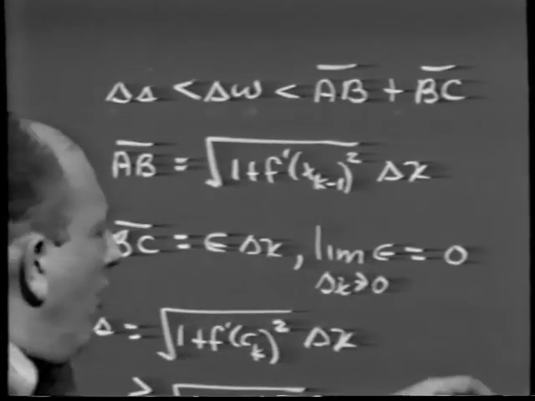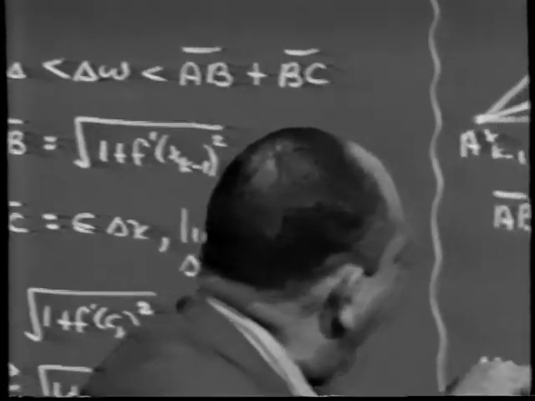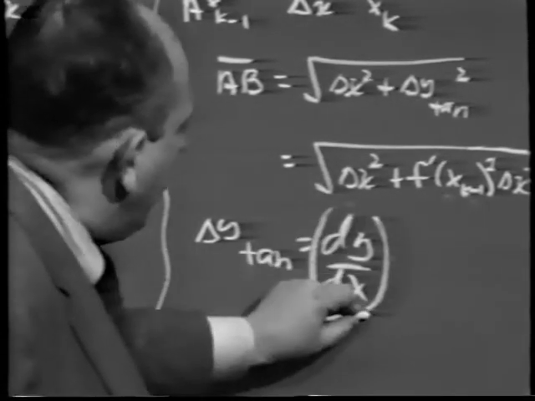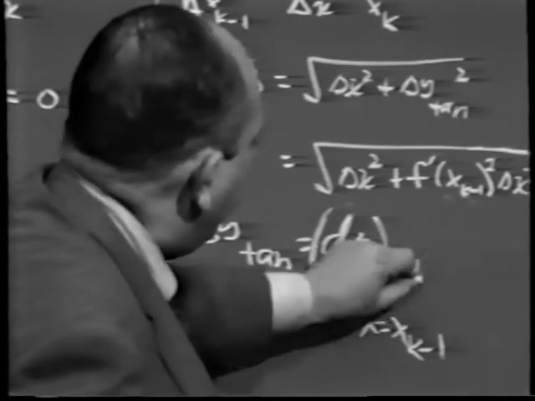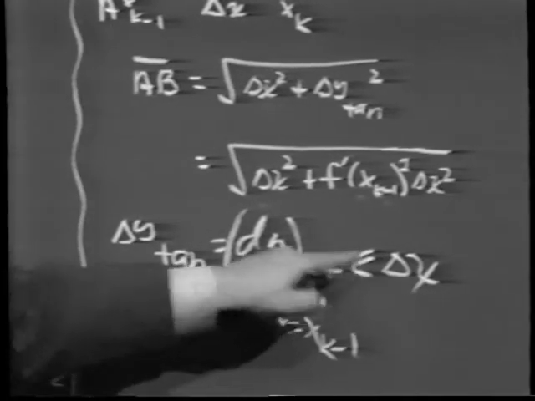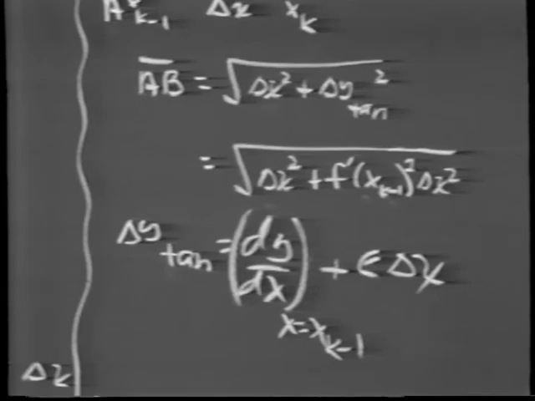In fact, let me just come over here and make sure we write that part out again. Remember what we saw was that delta y tan was dy dx evaluated at the point in question, plus what? An error term which was called epsilon delta x, where epsilon went to 0 as delta x went to 0, and that's all I'm saying over here.